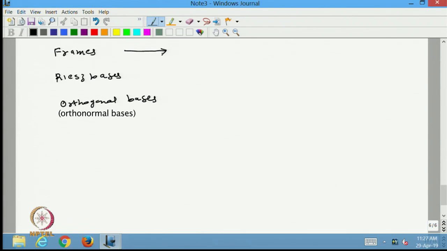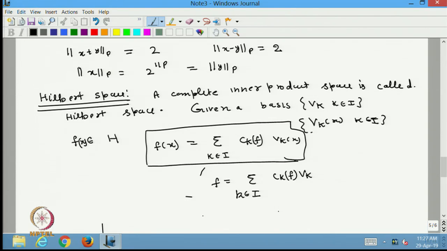Let me connect this frames definition with the previous thing. If I want to say that these v_k(x) are frames for a Hilbert space H, what conditions do I need? I need that f can be written like that. Moreover, v_k(x) satisfies some additional property.